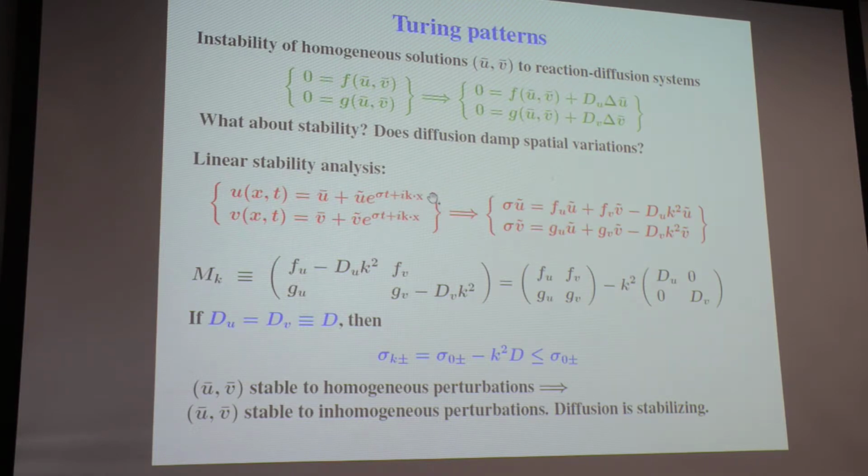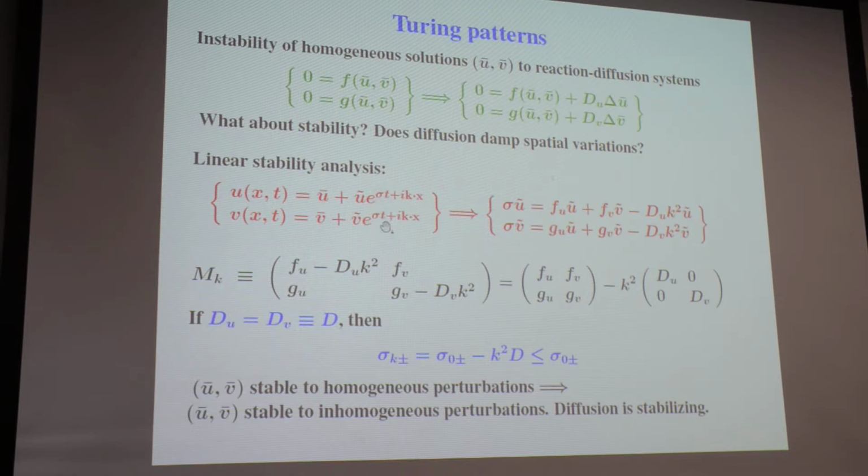As always, we don't want the complications of an actual geometry, so we're going to do the very simplest thing of plane waves. We have e to the i k dot x, so that means that diffusion just gives us a minus k squared, k being the norm of that vector k. This is a vector k dot vector x, because you could have variation in 2 dimensions.